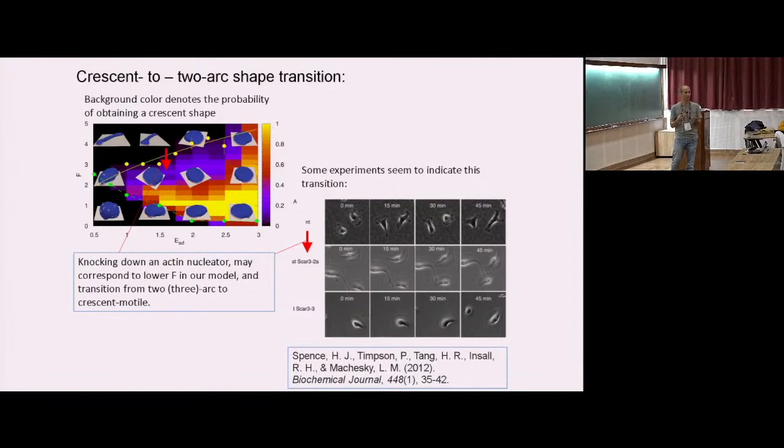It sounds strange. But in fact, we talked to Rob Insall and his group, and they sent us to this paper of theirs where they took cells which are not very motile. You see that they have many leading edges, many such arc-like objects, which prevents them from polarizing in the normal case.